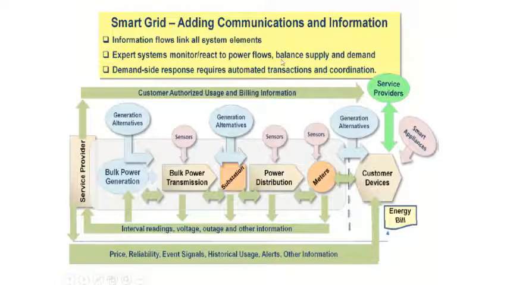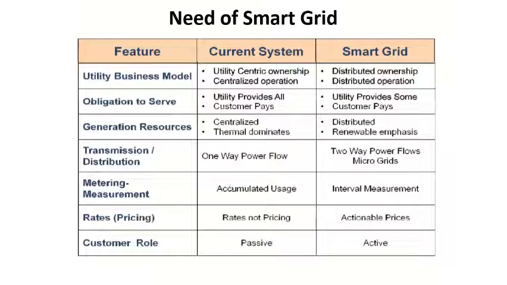The communication network will again give the information throughout the system. You can see here two-way arrows which will give the information to the utility, to the customers, to the distribution side of the substation.